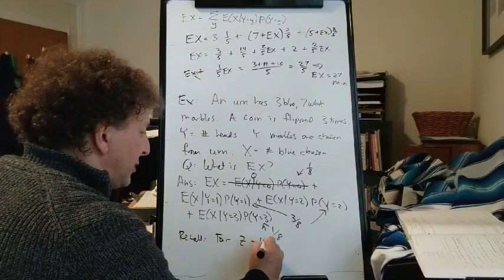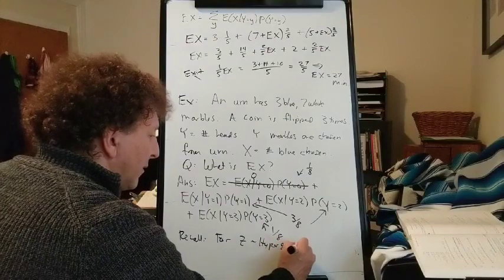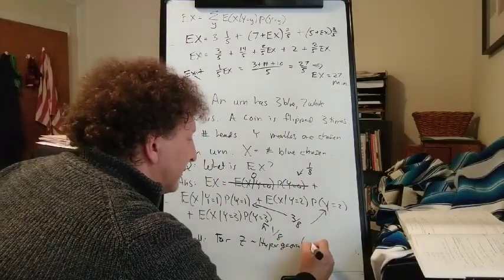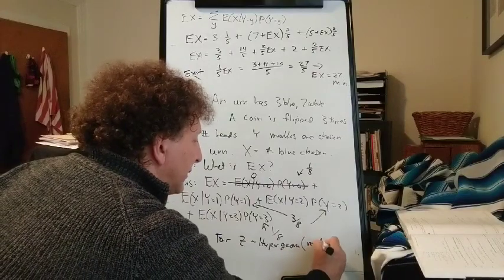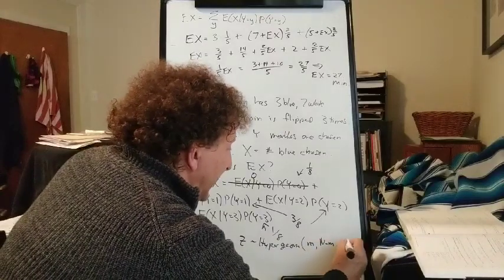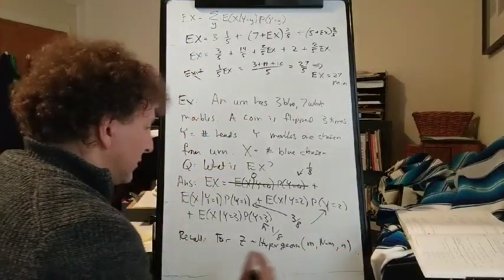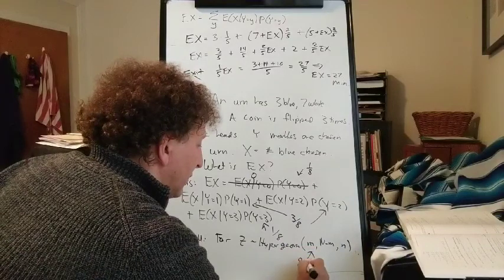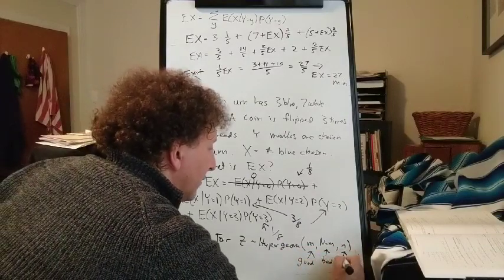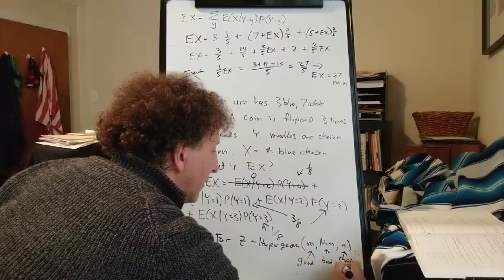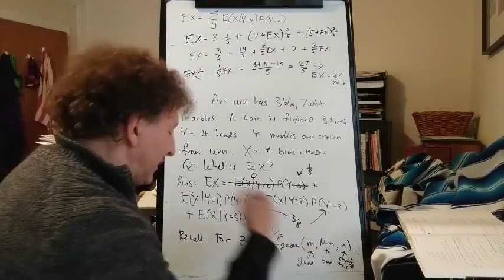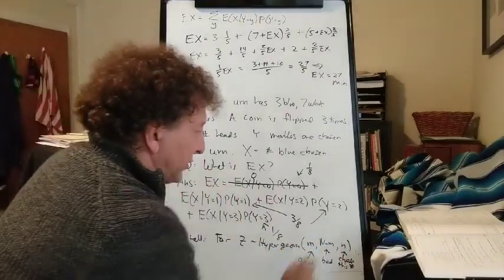So if Z is hypergeometric with, let's say, m good objects, capital N minus m bad, so capital N total, and we're choosing n. So m good objects, capital N minus m bad objects, and we're going to choose n.